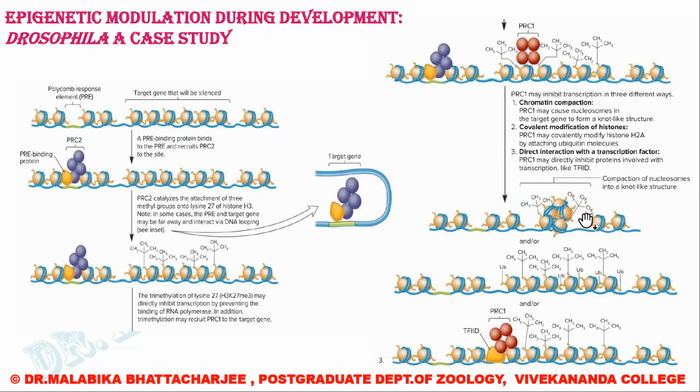The chromatin can be compacted, further methylation and ubiquitination can occur, or direct interaction of the transcription factor with PRC1 prevents the transcription factor from binding with the promoter elements. So this is what happens in Drosophila, and this is how the polycomb complex represses the target gene.